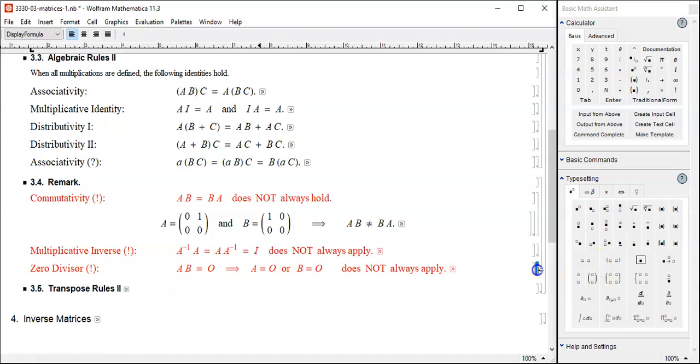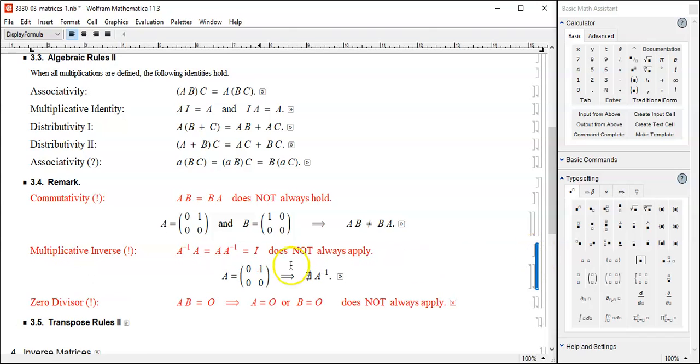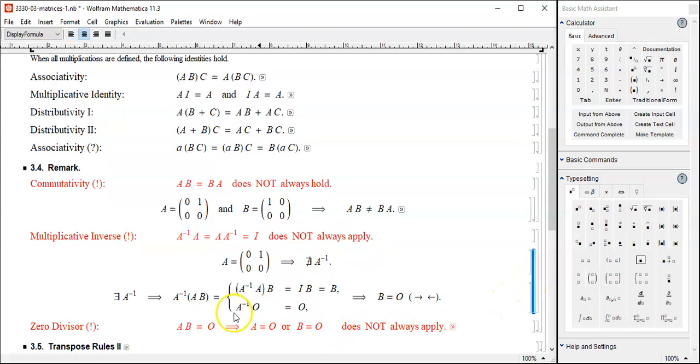How about the multiplicative inverse? The multiplicative inverse doesn't always exist either. And a counterexample is, as a matter of fact, the same example here. This one has no multiplicative inverse. What if the multiplicative inverse exists? If it exists, then you're going to get this kind of contradiction. A inverse, let's suppose this exists, times AB.